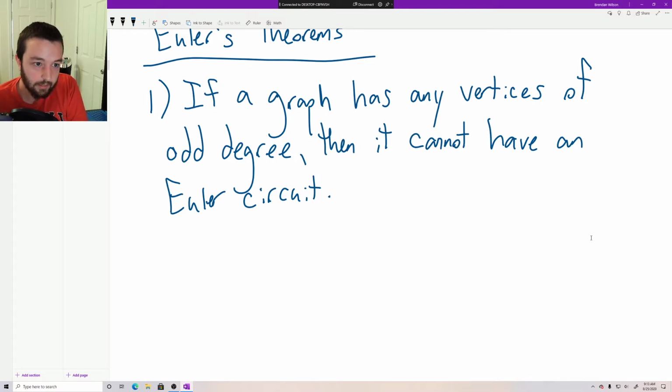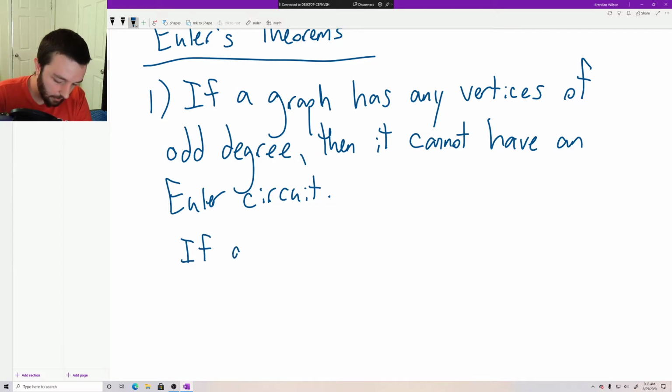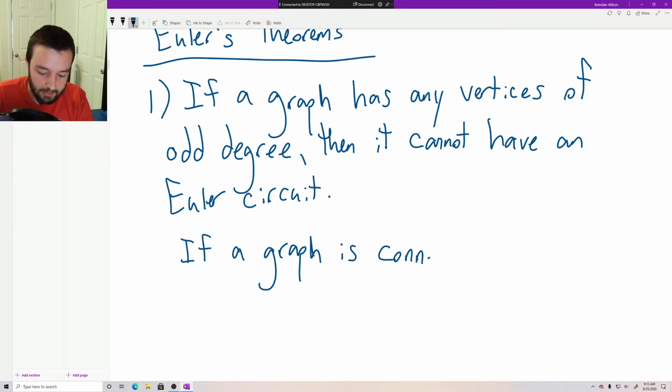So this is still part of number 1 here. If a graph is connected, we always have to have it connected. If it's not connected, we can't even really talk about this.